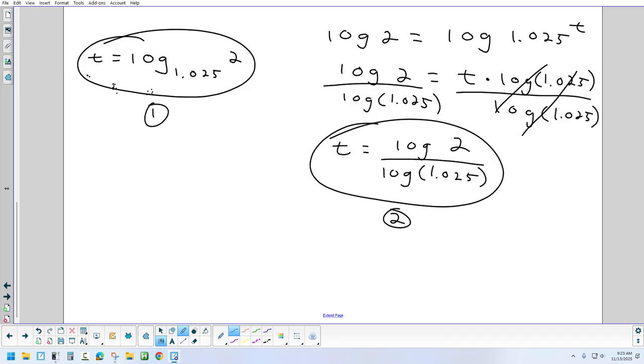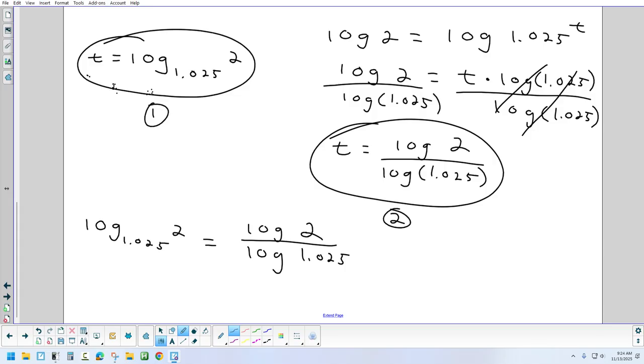So now you know how to type something in when the base isn't a 10 or an e. Log base 1.025 of 2 can be rewritten as the log of the argument divided by the log of the base.